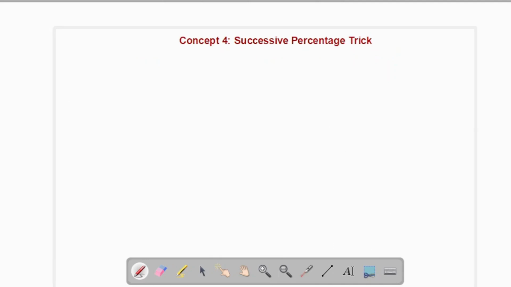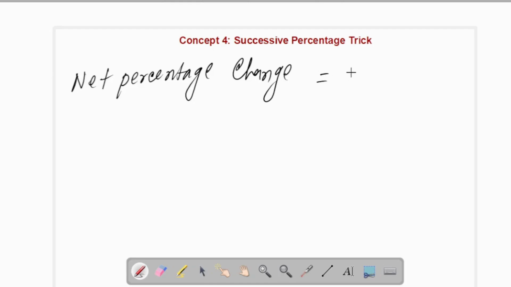Coming to the next trick, very important, the successive percentage trick. Now let's learn the successive percentage trick with a formula. Net percentage change is equal to ±x ±y plus (±x into ±y) divided by 100.